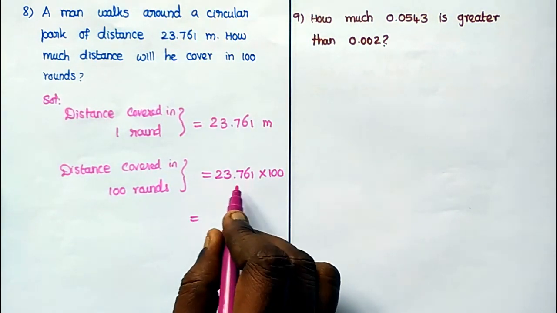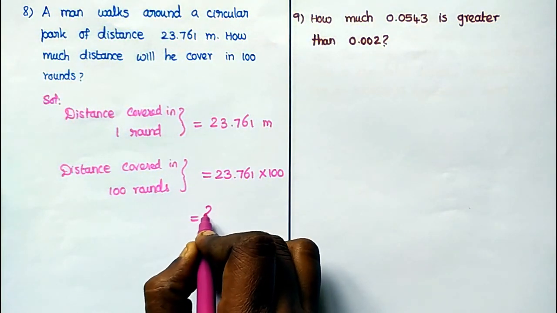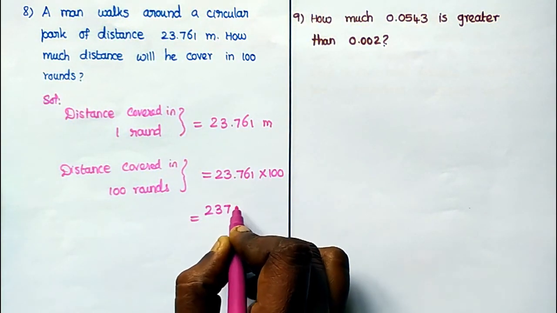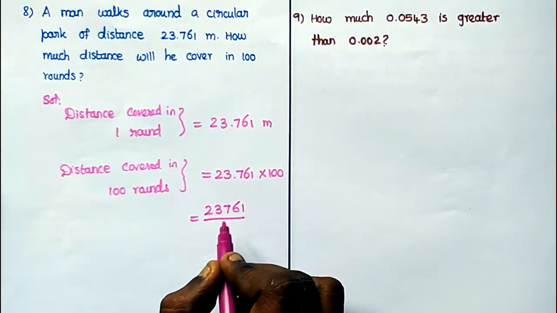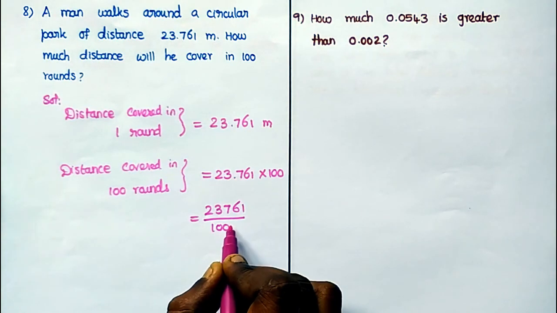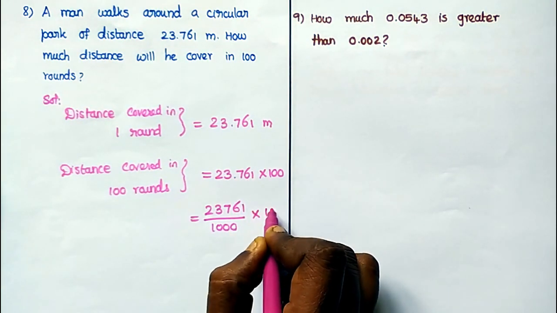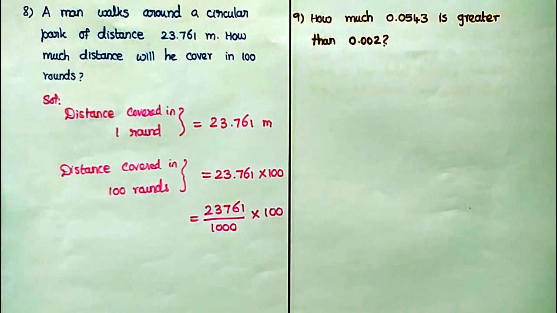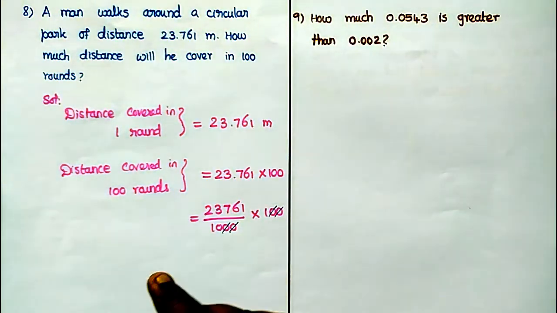Now write in fraction form: 23,761 divided by 1000. After the decimal point there are 3 digits. So 100 is there. 2 zeros cancelled.